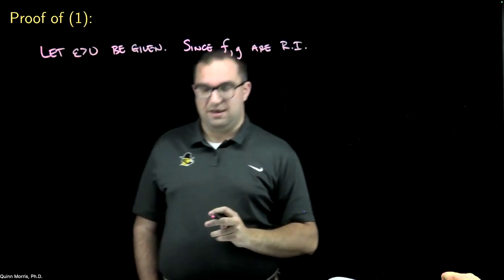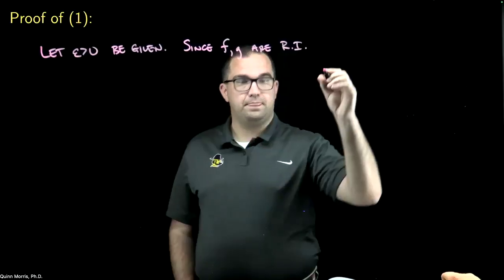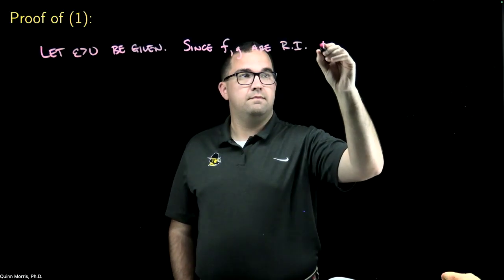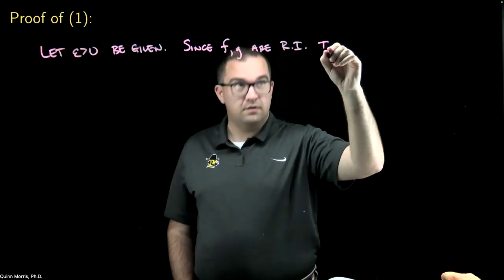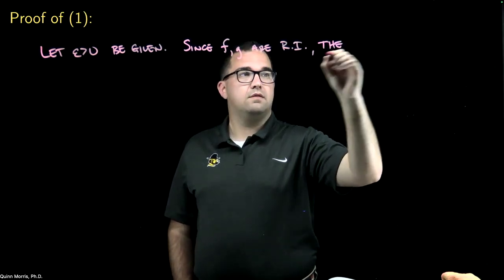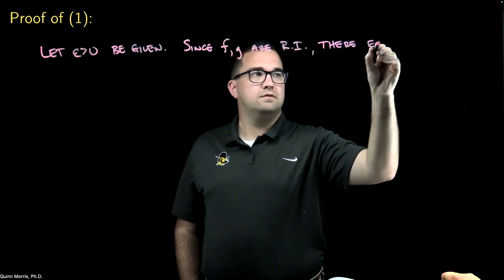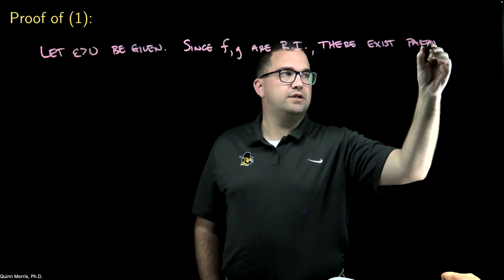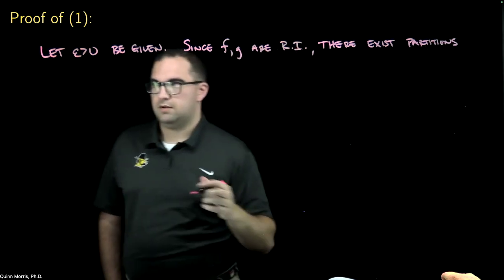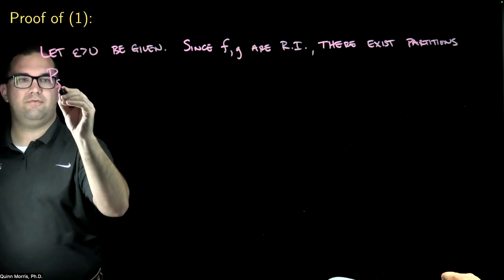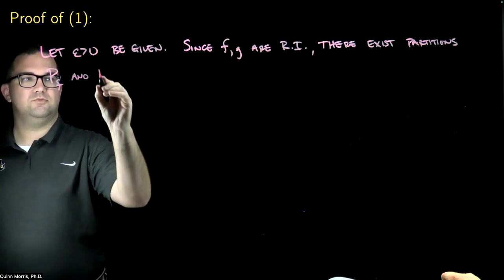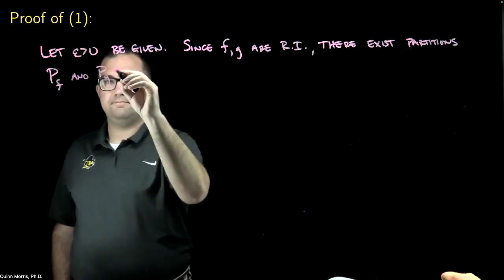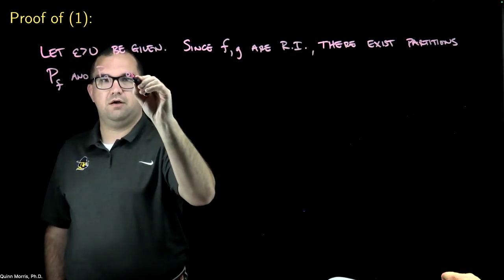So since f and g are Riemann integrable, then there exist partitions. I'm going to have two partitions. I'm going to call them P sub f and P sub g, such that, sorry, these are partitions of AB.